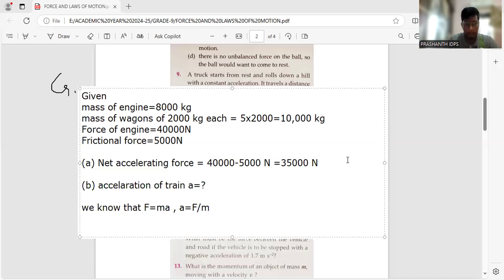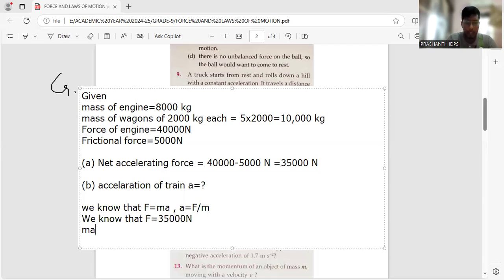Now, what about the mass? We know the force. What is the total force acting on the train, the net accelerating force? 35,000. We have to exclude the frictional force. In the formula a equals F by m, capital F is equal to 35,000 newtons, and we need to find the mass of the train.